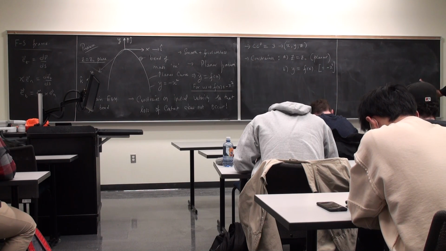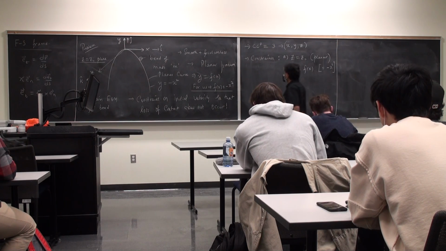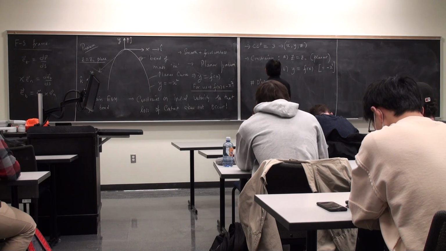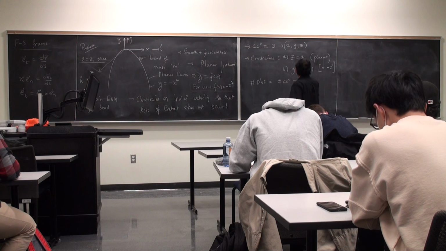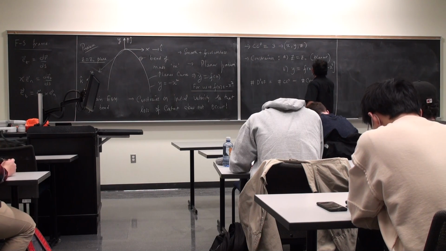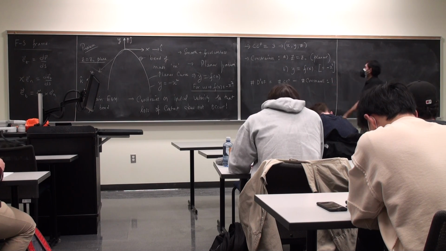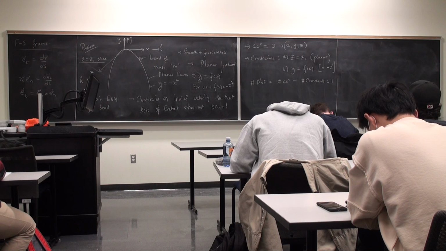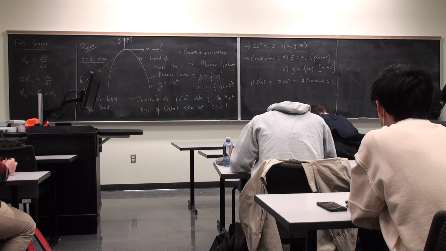So these are the constraints: three configuration coordinates, two constraints, the number of degrees of freedom is 1. The best variable that will act as a degree of freedom.